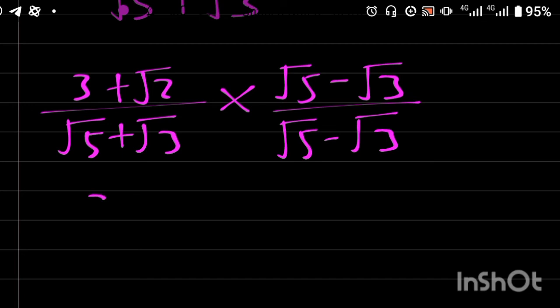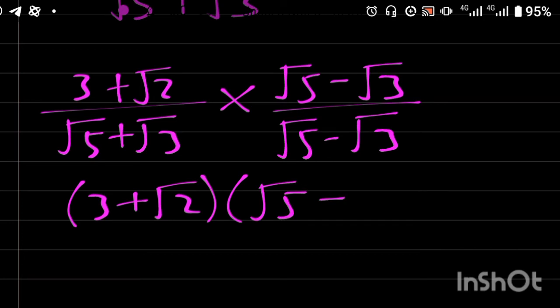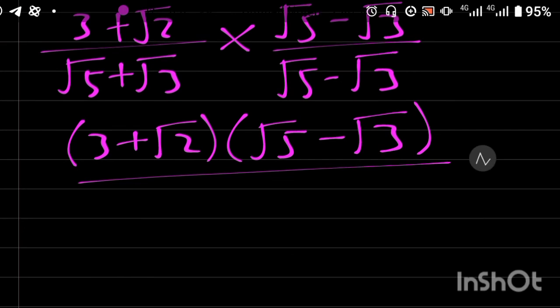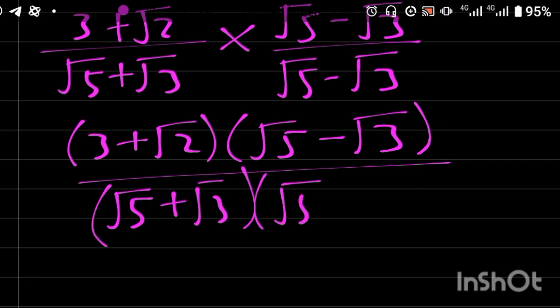I have 3 plus root 2 into bracket root 5 minus root 3 all over root 5 plus root 3 into bracket root 5 minus root 3.